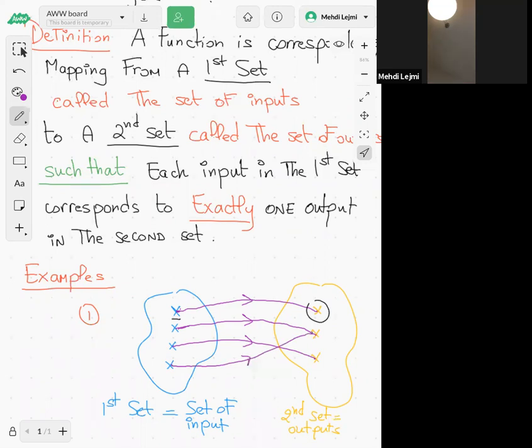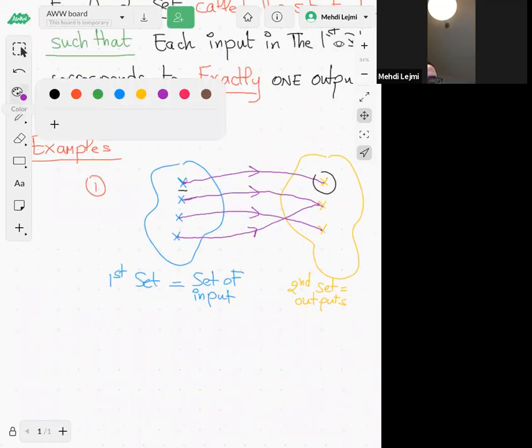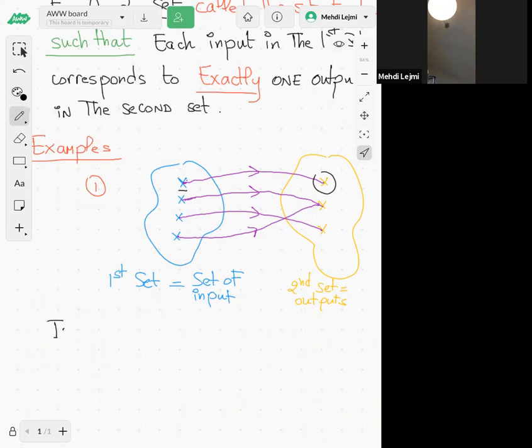Okay, so I have this correspondence between the two sets, right? Now the question is, is this correspondence a function? So the question is, is this a function? No. It's actually a yes.